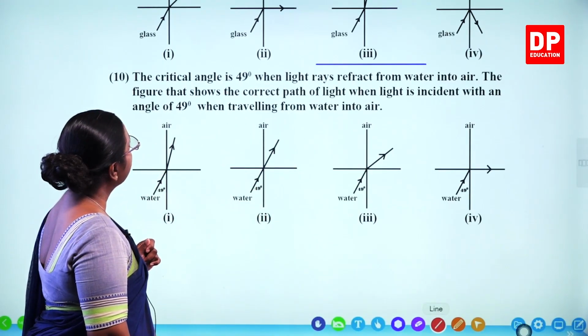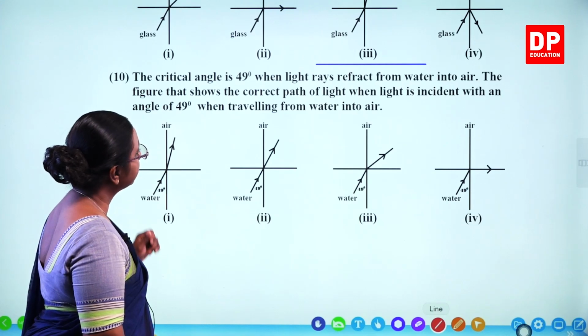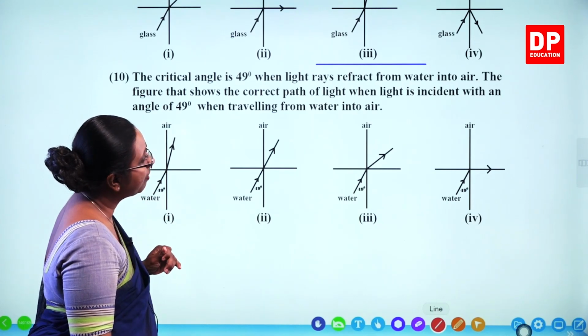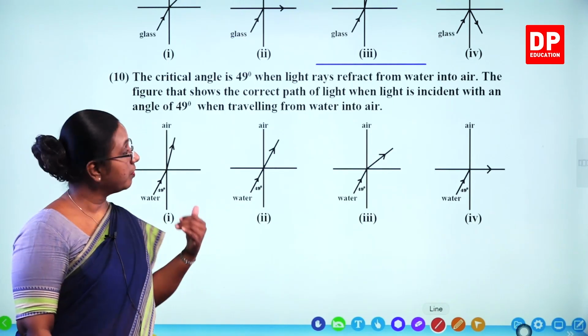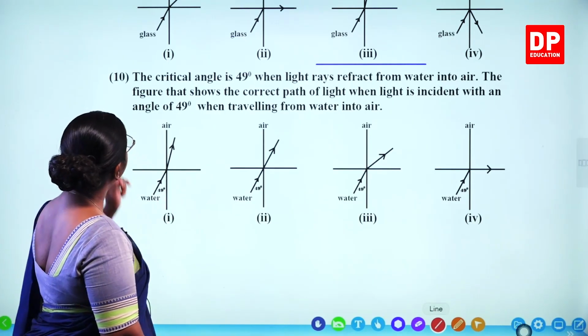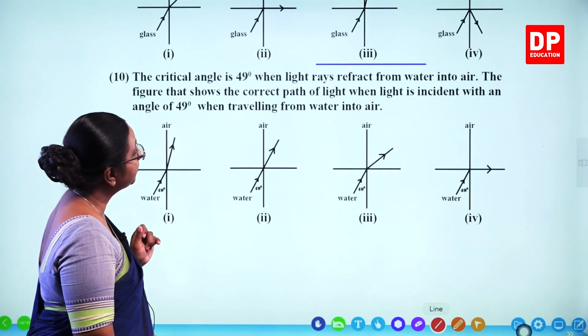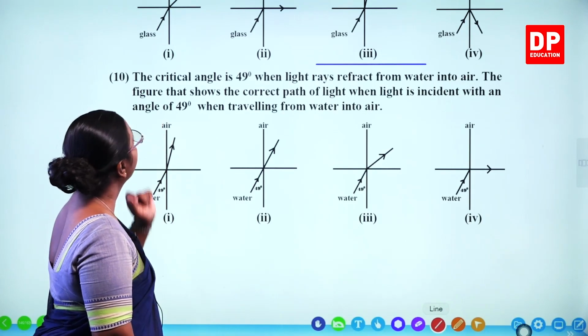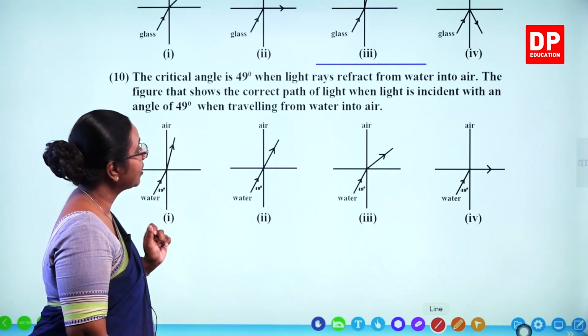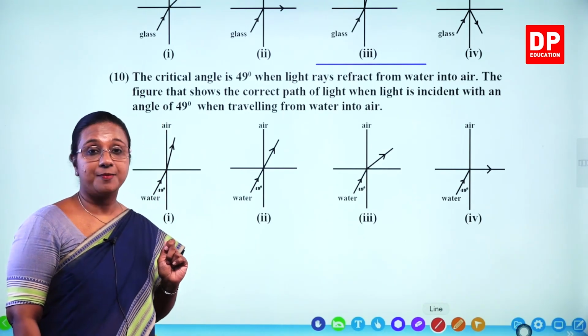The critical angle is 49 degrees when light rays refract from water into air. So, light rays are coming from water into air. The figure that shows the correct path of light when light is incident with an angle of 49 degrees when traveling from water into air.